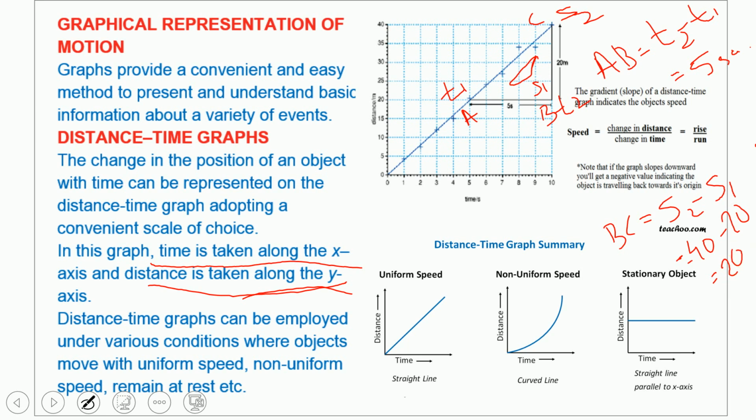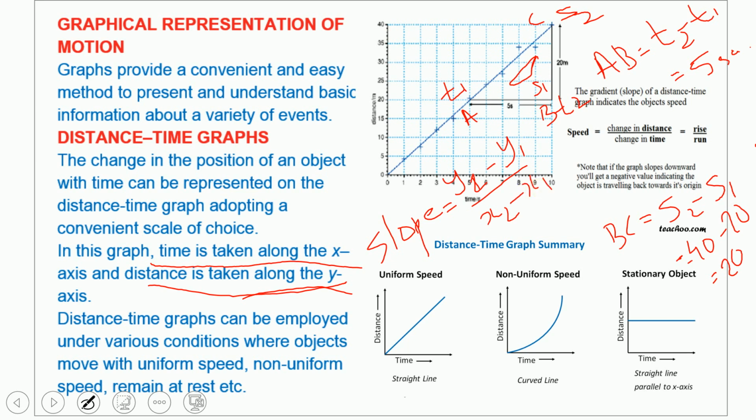Now look here, this we can call the slope. What is slope? Slope or gradient means the height upon the base. Otherwise, the formula for slope is y2 minus y1 upon x2 minus x1.